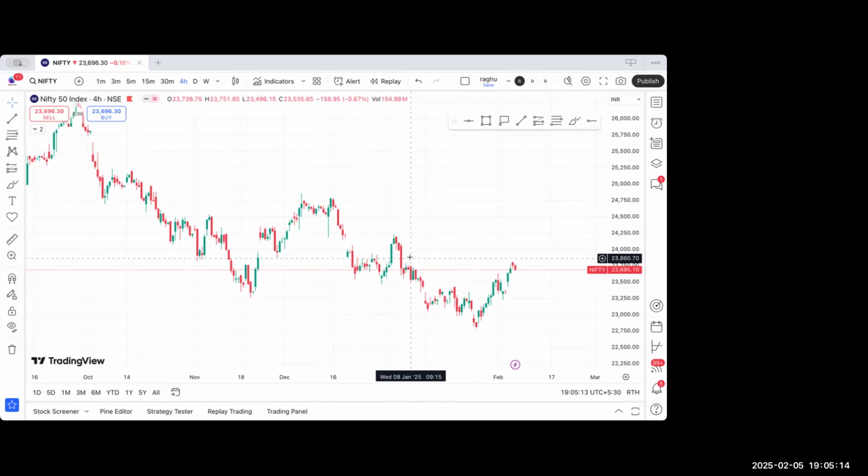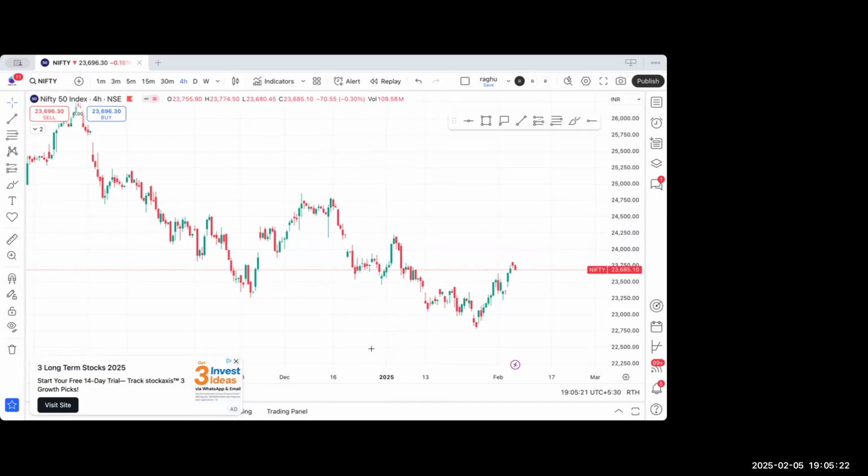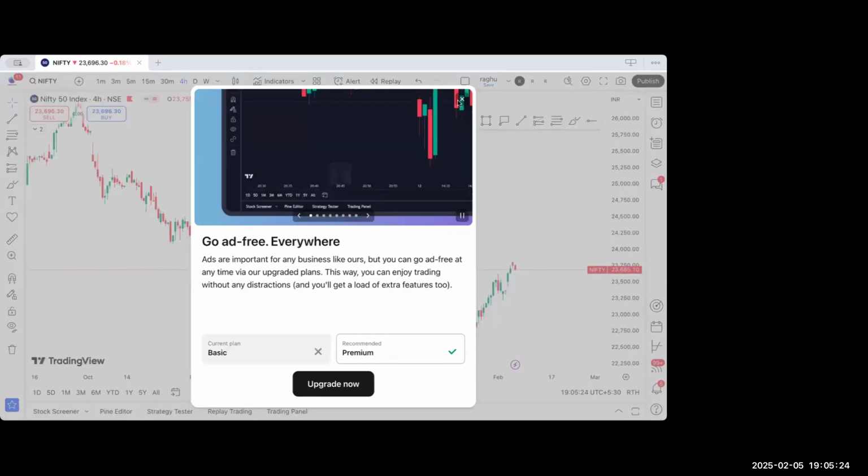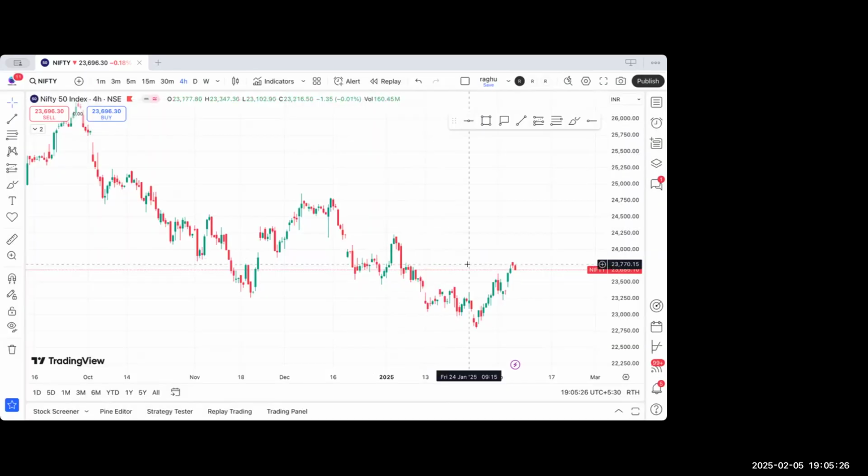SMA is simple moving average, which is okay, that is also good. But mostly technical traders use EMA, exponential moving average, which is more accurate than the others.